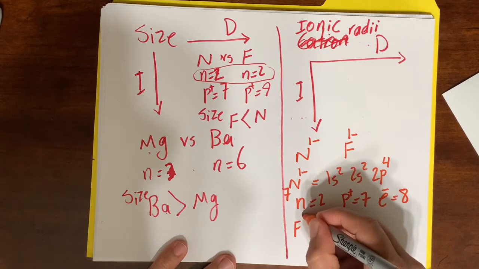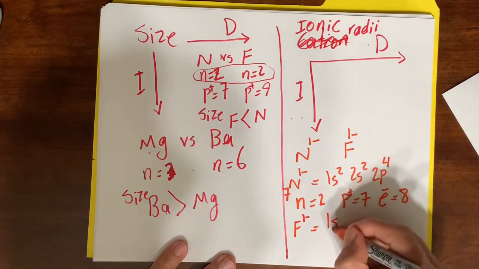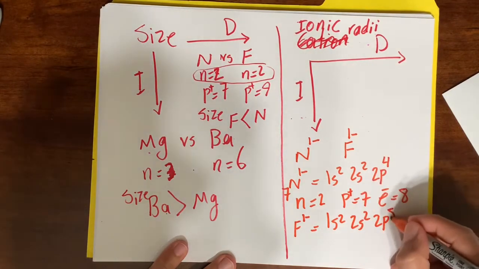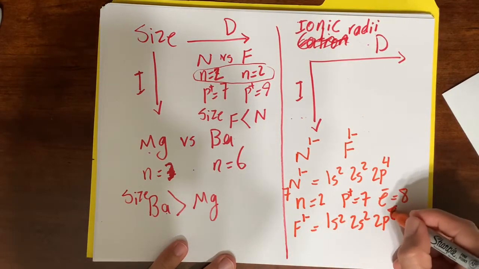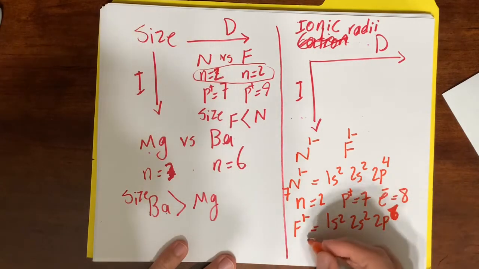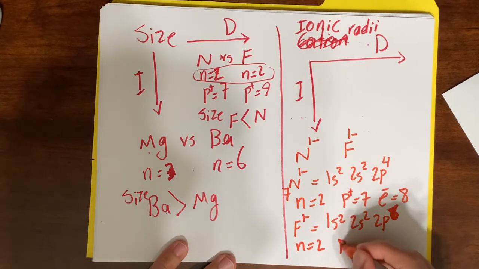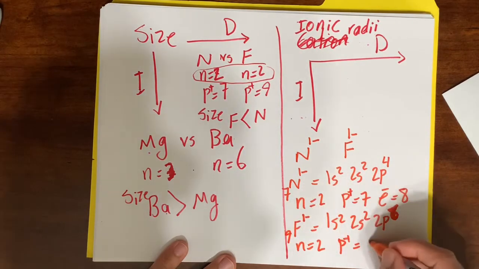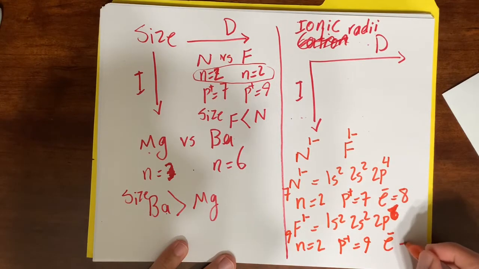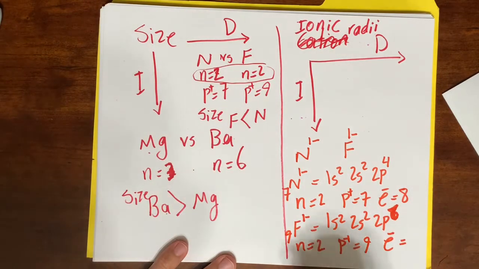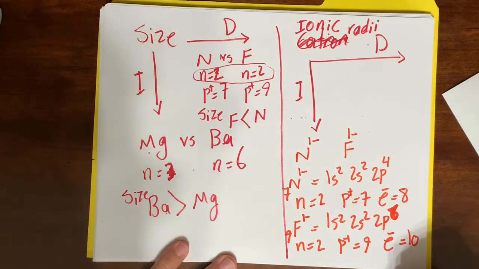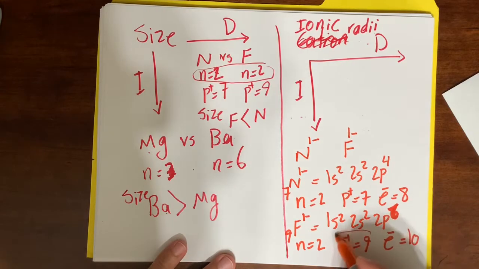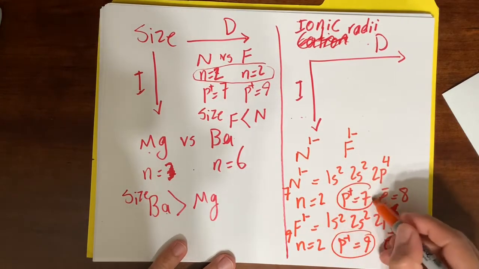For F minus 1, you go 1s2, 2s2, 2p6, my bad. N equal 2. Number of protons, this one will be 9. Total electrons, we have 10. If you are sharing n, you judge based on number of protons.